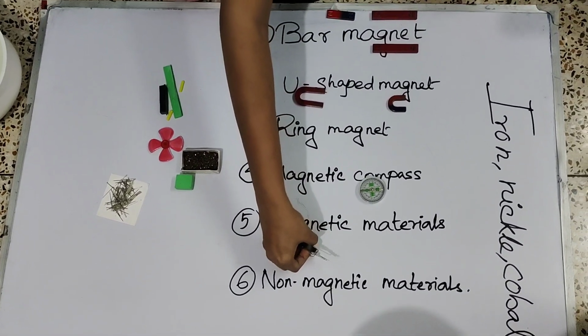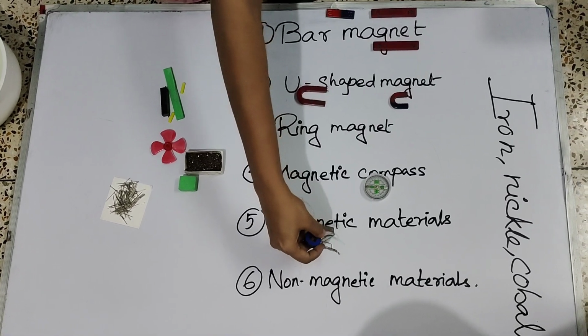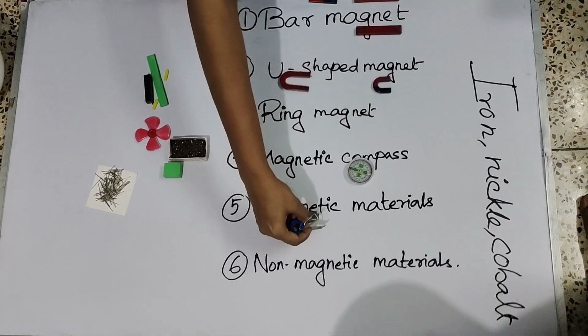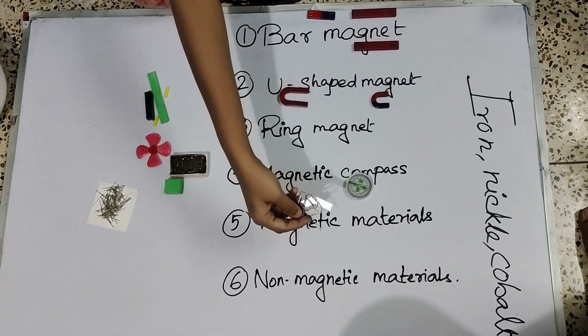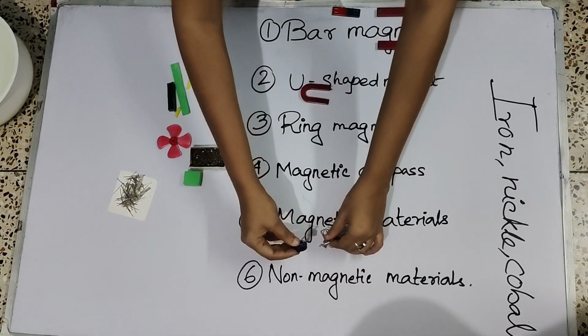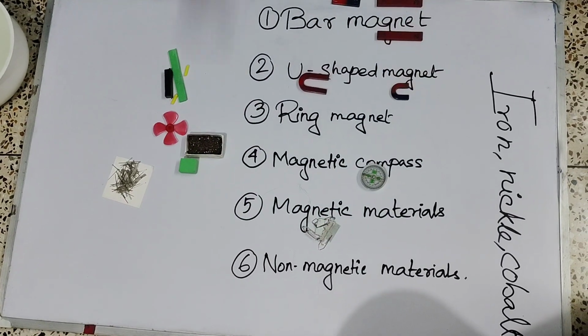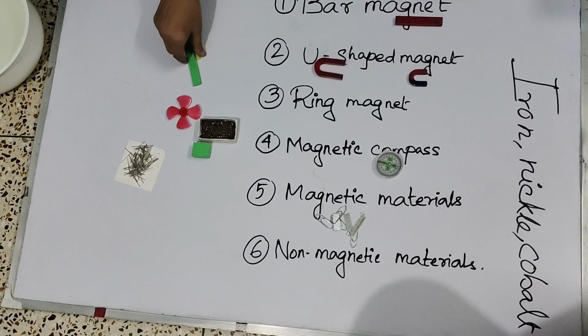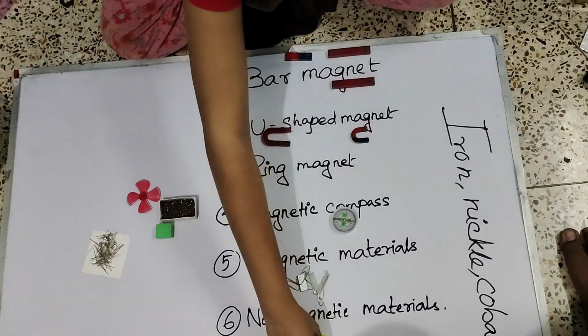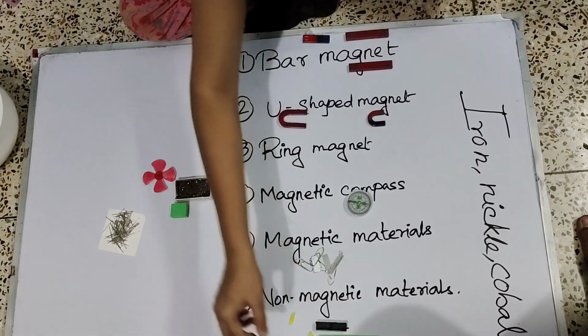I don't have the nickel and cobalt now, but if you find them, you will surely do the experiment with that, to see whether they are attracted by the magnet or not. So these all are magnetic materials, and these things are non-magnetic materials.